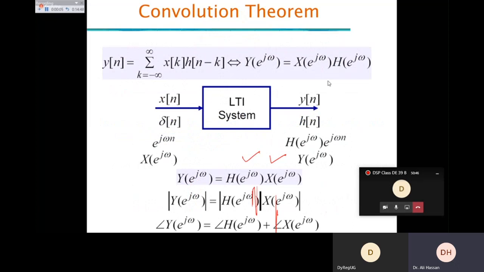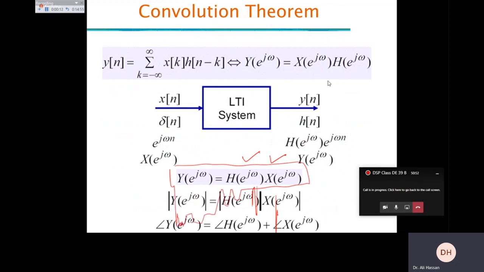Here it says that this is the relationship: convolution in time is multiplication in frequency. So the magnitudes multiply, and the phases you add, it means the phase of H at different frequencies will be added into the phases of the different frequencies of your input signal.